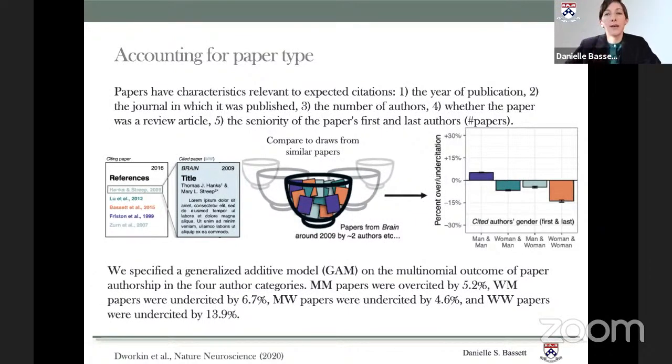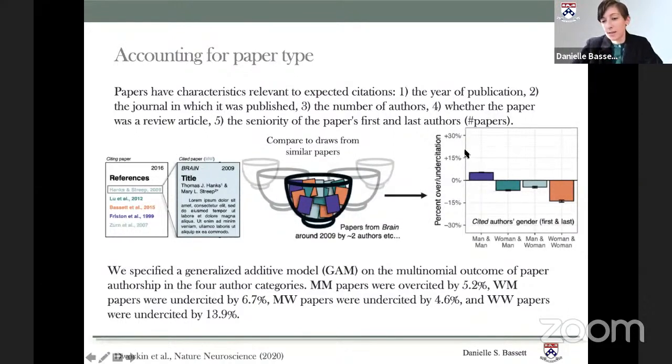Now, I will note that we don't have the age of each person inside of the database. So as a proxy for their seniority, we used the number of papers that they've previously published. And with that information, we specified a generalized additive model, or a GAM, on the multinomial outcome of paper authorship in the 4 author categories.